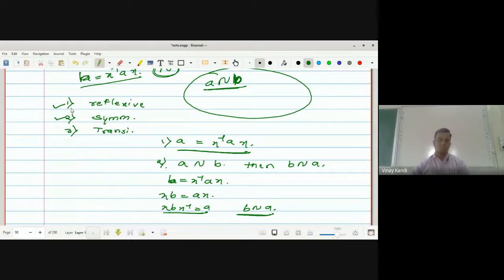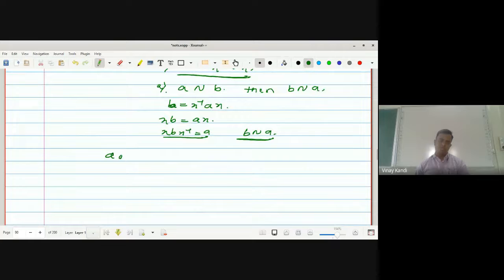Now what is transitive? If a is related to b and b is related to c, whether this implies a is related to c?